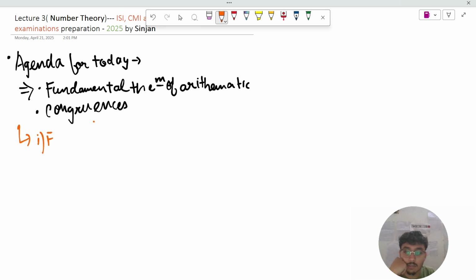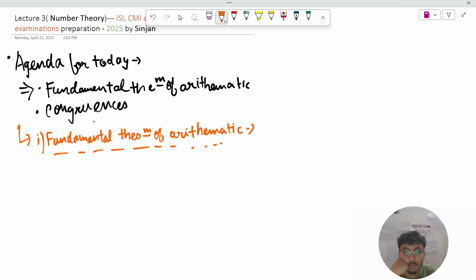What is our fundamental theorem of arithmetic? This basically says that every integer greater than 1 can be denoted as a product of primes.